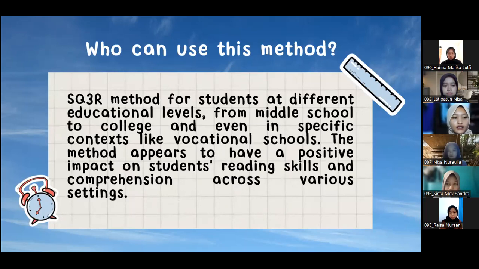Here, we found some articles showing that this method can improve students' comprehension ability. There are studies with 8th grade students of Salaputri Junior High School, at the State Islamic Institute in Palu, and at a Vocational School in Purwakarta. I think that's all from me.